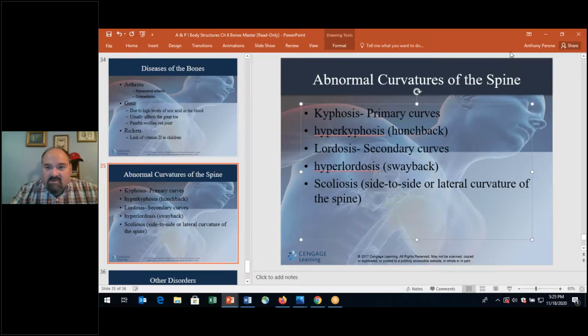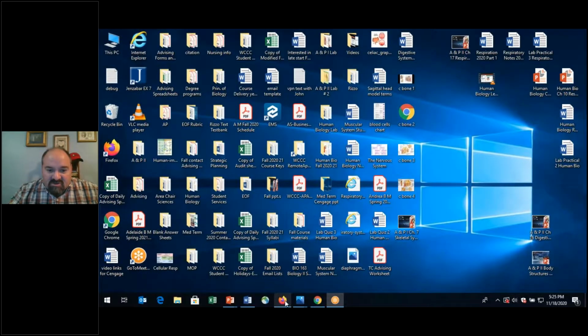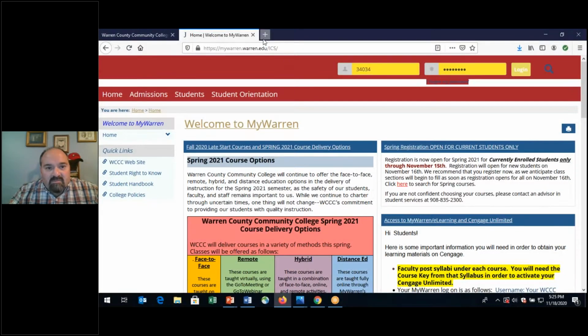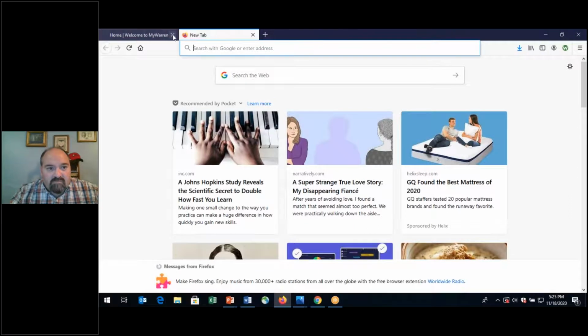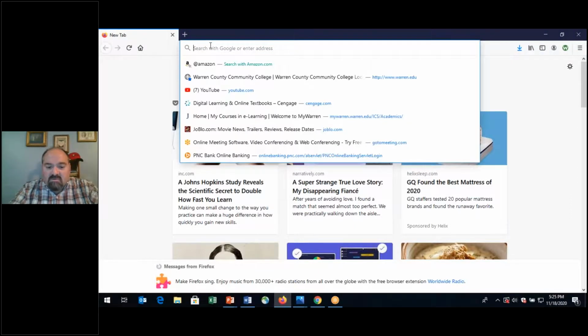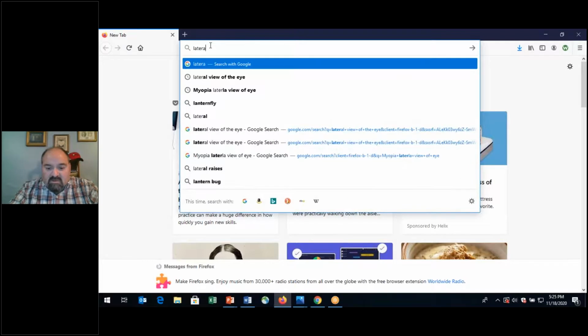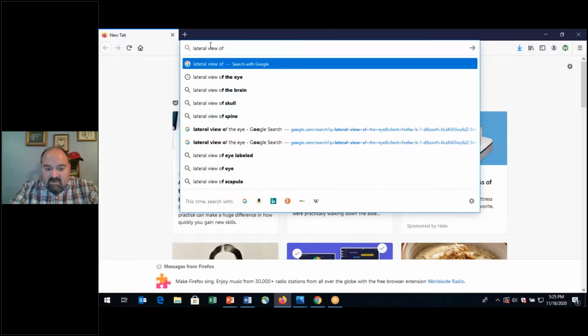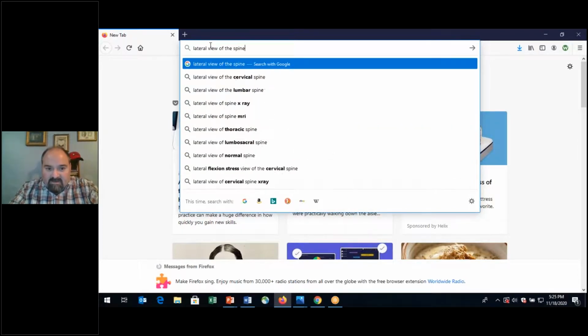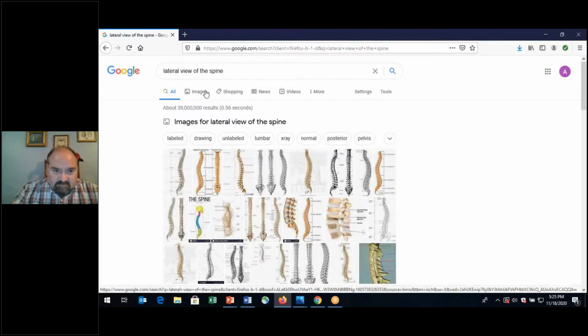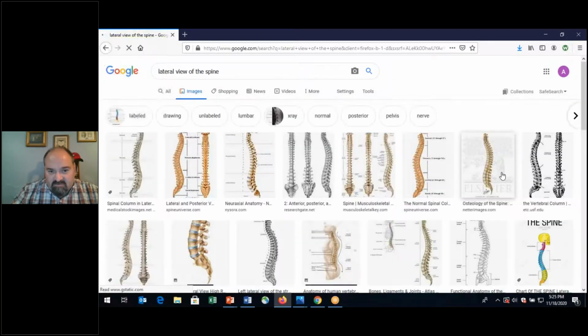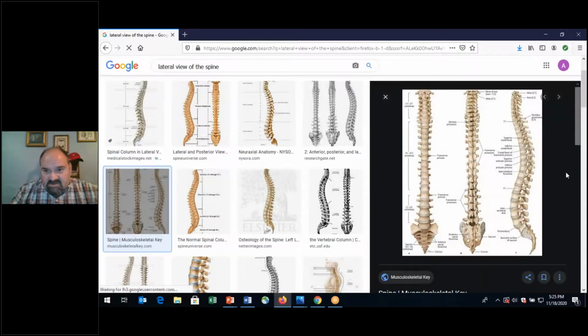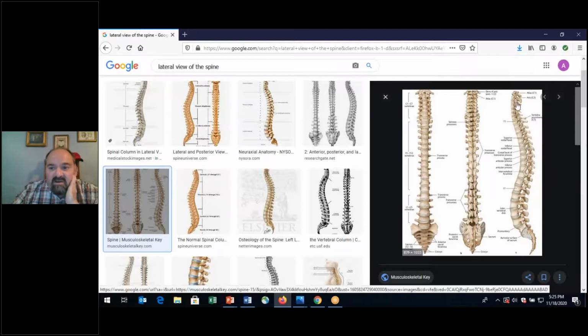Because I'm going to show you, so let's minimize this for a moment, and I'll show you online here. Okay, lateral view of the spine. On this image here, let's see how big this is. All right, this is good. I'll post this image, so let me save this image.